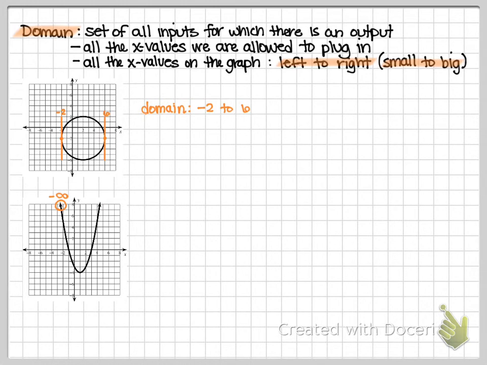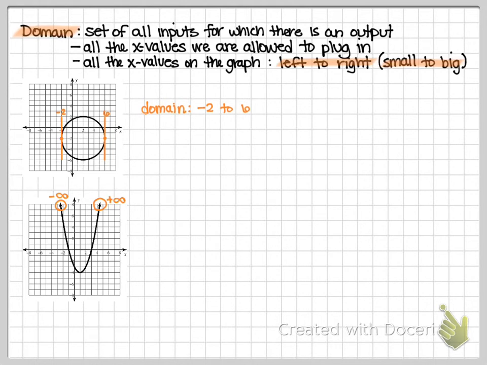Now, it's important to note, we're all probably pretty comfortable with infinity. But infinity, with no sign in front of it, is assumed to be positive. Positive infinity is the biggest number you can imagine. So the sign in front is telling me the smallest number I can imagine versus the biggest number I can imagine. Since this one is pointing to the right, it's pointing to the biggest number I can think of.